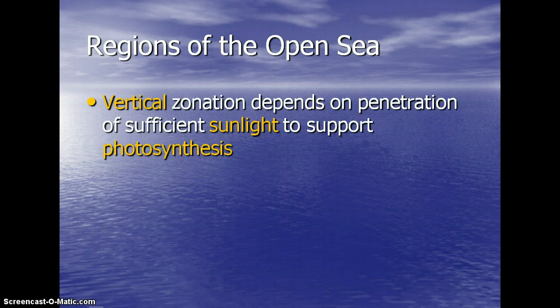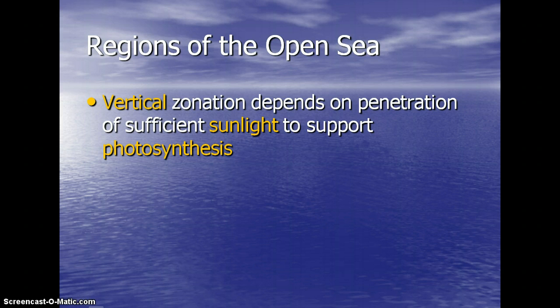So we divide the open ocean into different vertical zones, okay, so that we know where different things are living and what different scientists are talking about when they talk about different zones in the ocean. And we base those vertical zones on the penetration of sunlight and whether it's sufficient enough or not to support photosynthesis.